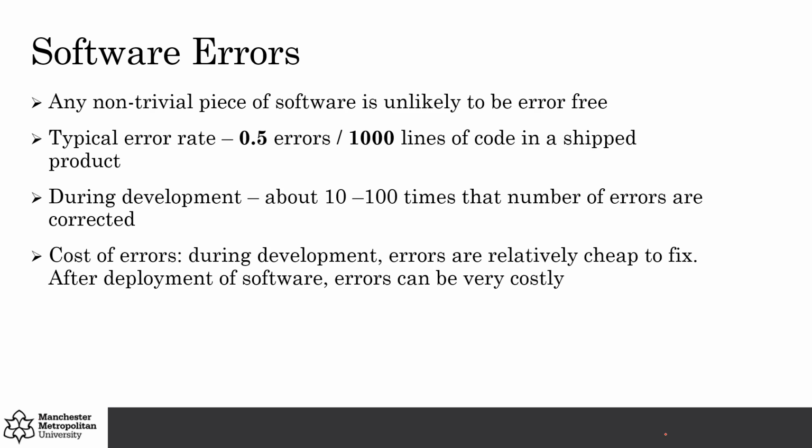So they may need to bring down some of their services while you try and get that fixed, or whilst they try and get it fixed. So errors are very cheap to fix during development, but as the development lifecycle continues and you've shipped out the product to the customer, those errors can be very costly to fix.